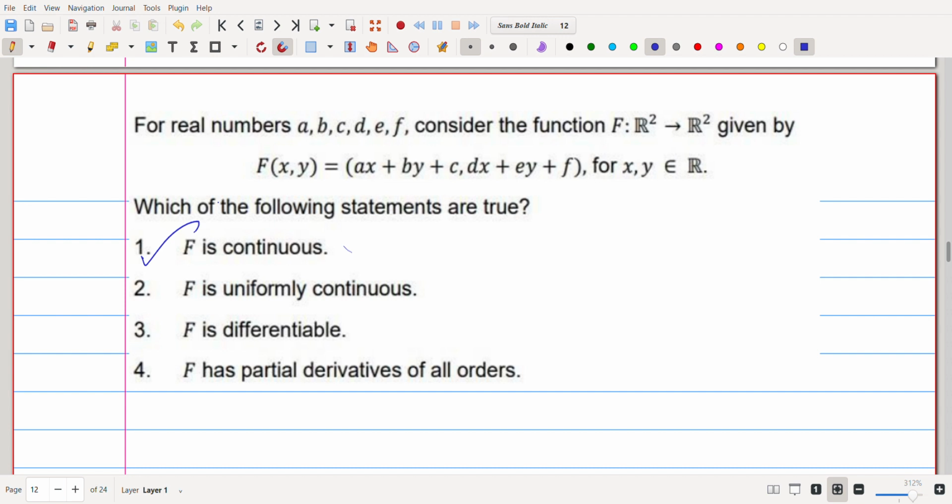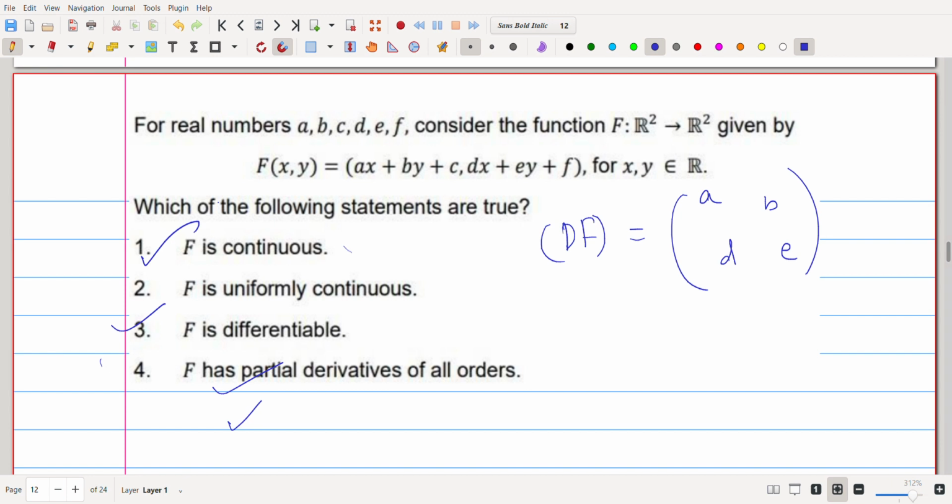Now f is differentiable. That is also true, because in particular you can take its Jacobian matrix. The Jacobian matrix is given by a, b, d, e. So f is differentiable. Also f has partial derivatives of all orders. So by definition it is true.